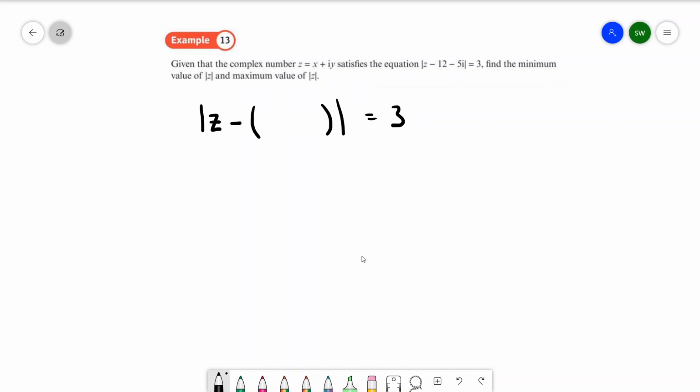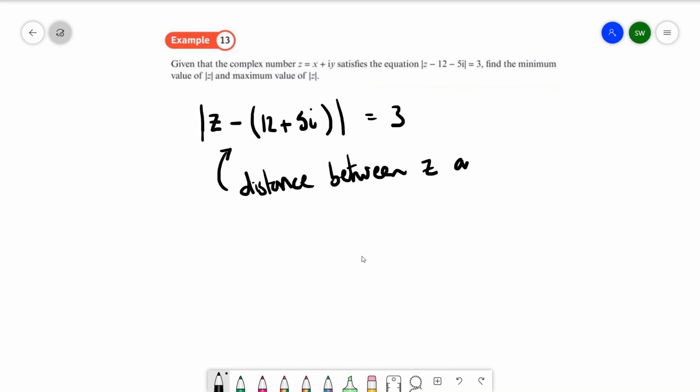So inside the modulus we're going to have z minus, and then inside the bracket we need 12 plus 5i, because when we expand this bracket we're going to get minus 12 minus 5i. Remember the interpretation of this: if you have the modulus of one complex number take away another complex number, that's the distance between the two complex numbers. So the distance between z and 12 plus 5i is equal to 3.